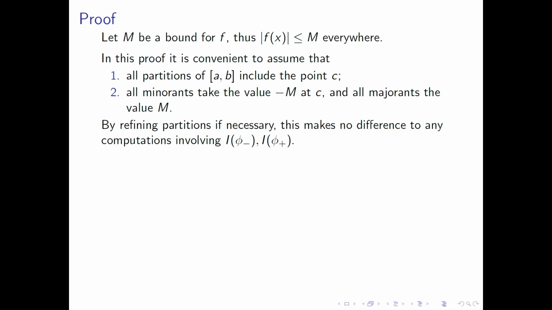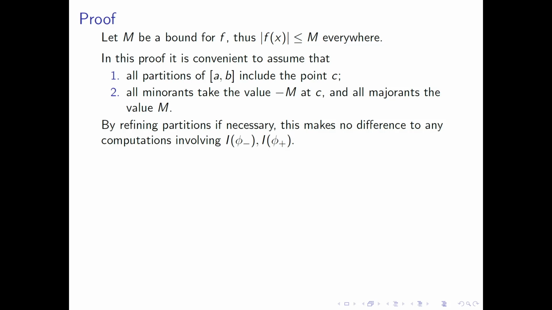So we can assume that all our partitions include C. And we can also assume that the value of a step function exactly at C is either M or minus M, depending on whether we're considering a majorant or a minorant. That's just because at a breakpoint, we can set our step function to be any value we want, and that doesn't affect the value of the integral of the step function.